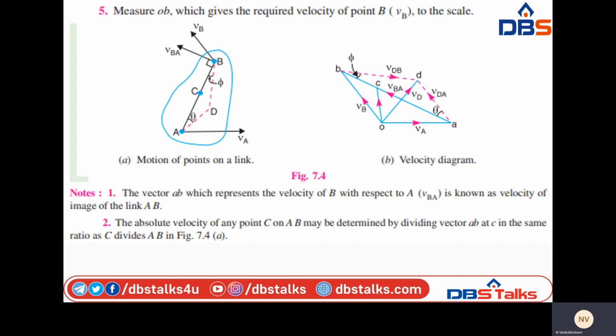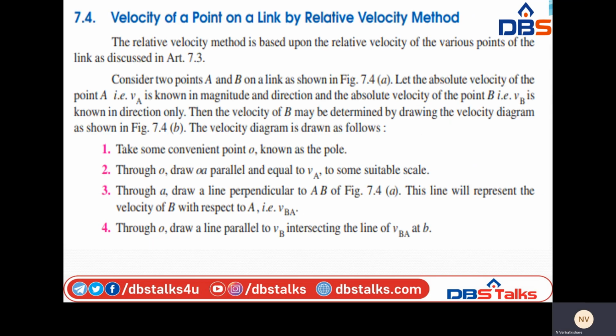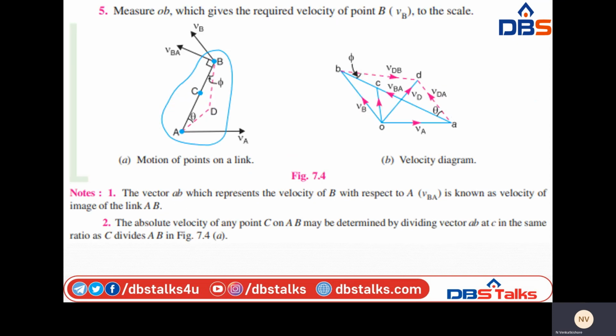From small a in the velocity diagram, draw a parallel line, the continuation of VBA drawn in figure A. Correspondingly, draw the same line from small a, and this line represents the velocity of B with respect to A.